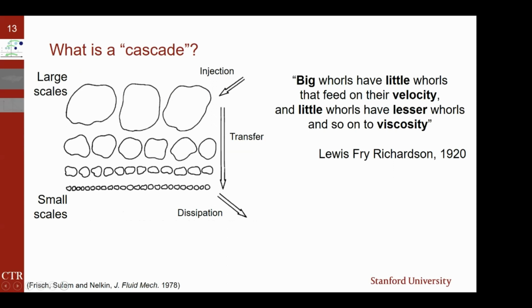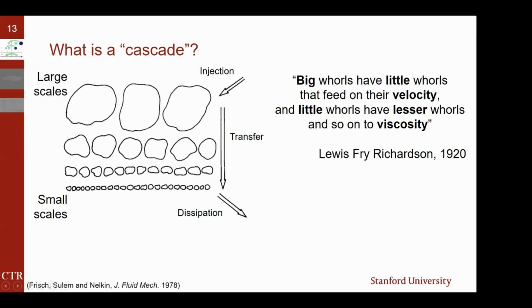So it turns out that Richardson wrote this poem in 1920, saying that big whirls have little whirls that feed on their velocity, and little whirls have lesser whirls, and so on to viscosity. So the schematic on the left depicts the process described in this poem. The top of the schematic represents large scales, the bottom represents small scales.